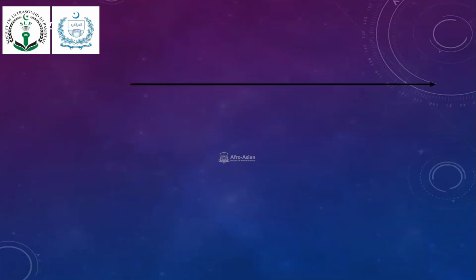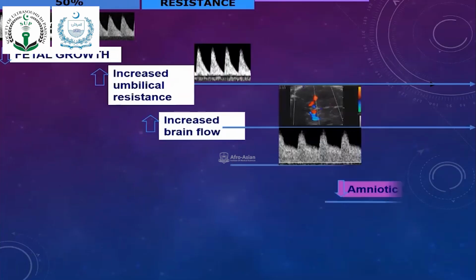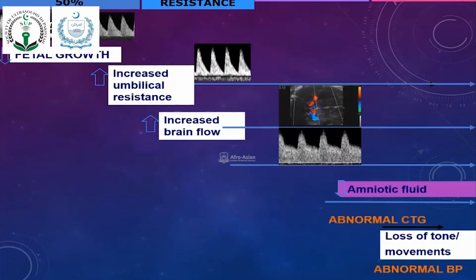Then is late onset. In late onset, we will have decreased growth, increased resistance in the umbilical artery, increased flow in the brain, decreased amniotic fluid, loss of tone and movement.